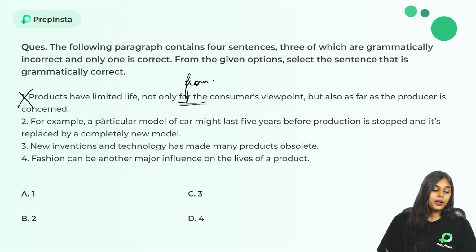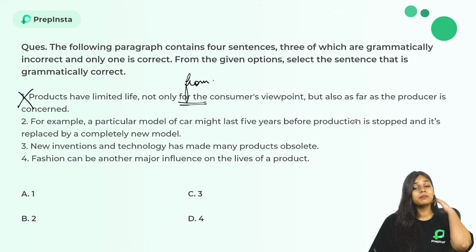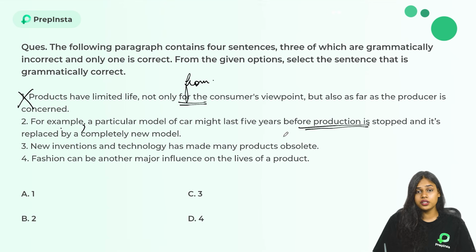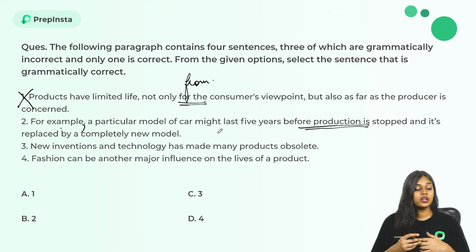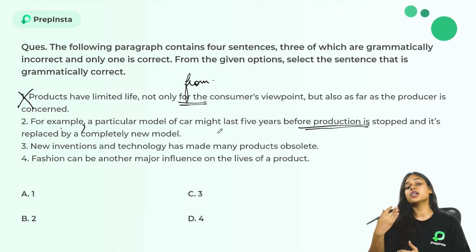So this is an incorrect sentence. For example, a particular model of car might last 5 years before production is stopped and it's replaced by a completely new model. Now here, for example, has a comma over here. A particular model of car might last 5 years before production is stopped. Again, this tense is completely correct, and it is replaced by a completely new model. So before the model is outdated or the production is stopped, it is replaced by a completely new model.